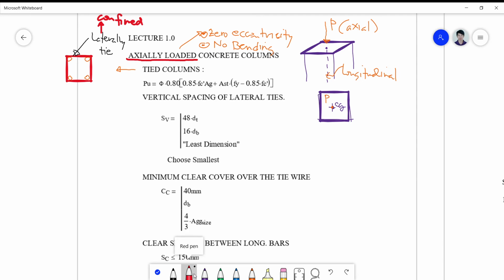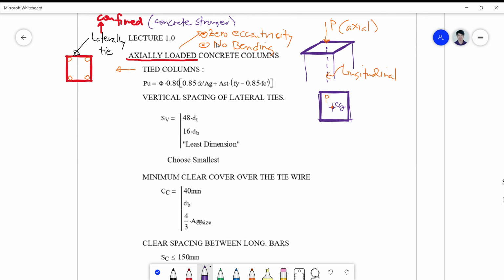Instability of the particles. The confinement there makes your concrete stronger in terms of bursting.